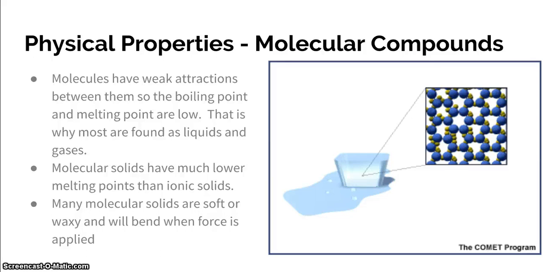And that leads to a lot of the molecular solids being soft or waxy, which means you can bend them or reshape them when a force is applied, whereas, as we just saw with an ionic compound, when you apply force, they're going to crack. So because of those weak attractions, the properties of molecular compounds are much different compared to ionic compounds.